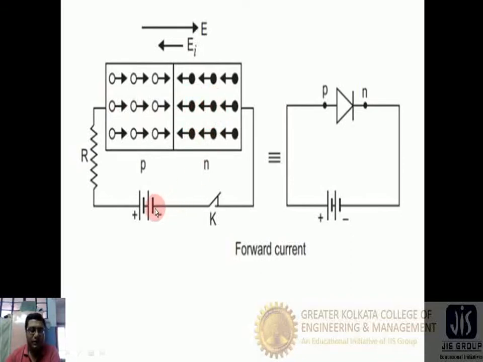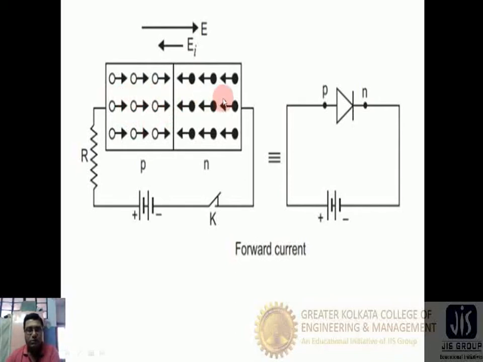On the other hand, the majority carrier, the electron in the N section, is easily repelled by the negative terminal of the battery, as the negative terminal is negative and the electrons are also negative. So they are repelled towards the P section of the diode, and the electrons get recombined with the holes.